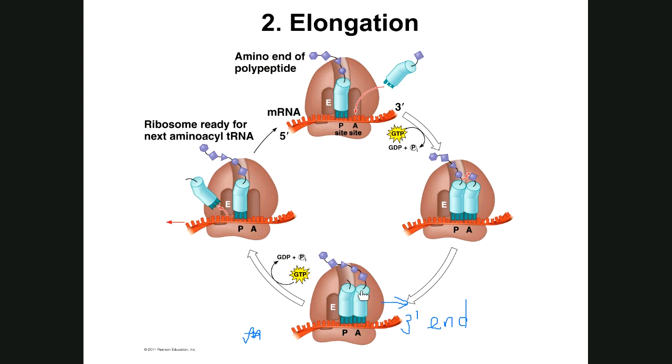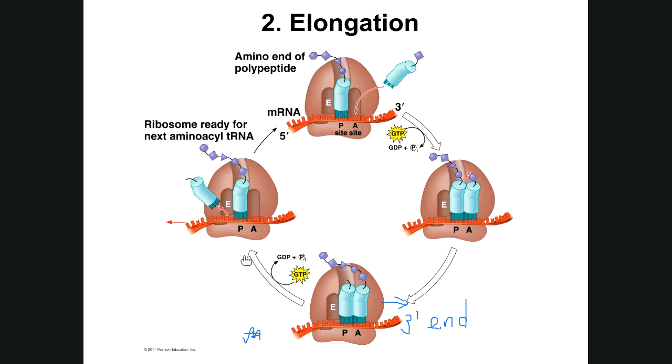Now this tRNA that was in the A site that now has the growing polypeptide attached to it, when the ribosome shifts to the next codon or towards the 3' end, that moves this tRNA in the A site over to the P site. Now the A site is available for the next tRNA to enter. Okay, so the ribosome will continue to shift down from one codon to the next, causing the tRNAs to move from the A site to the P site to the E site.